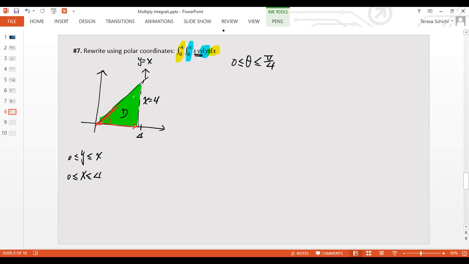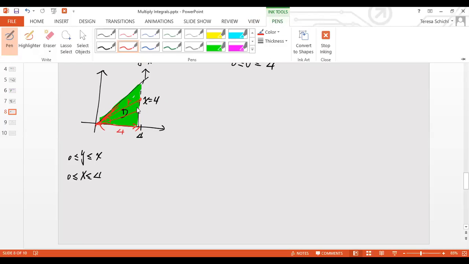But now my r has differences. This is my r, and my r is bounded by this function, x equals 4. So I know the thetas here.